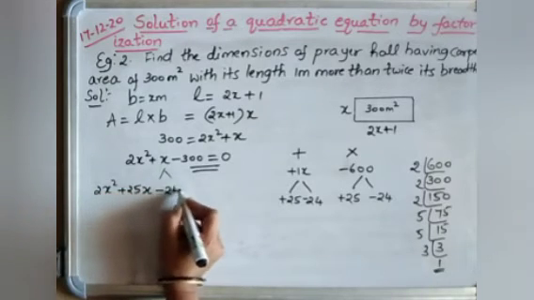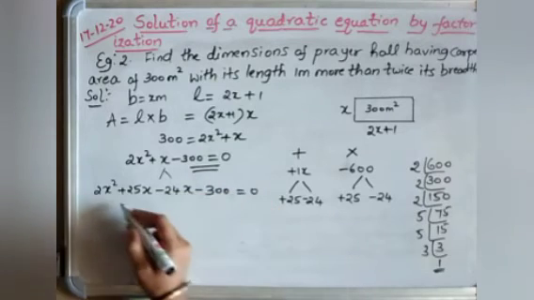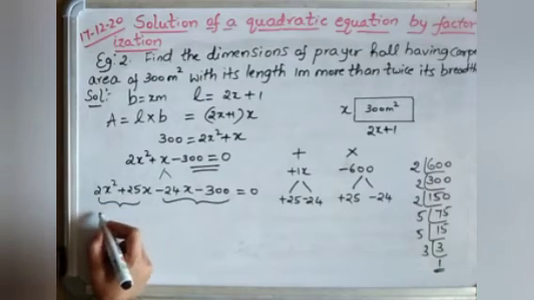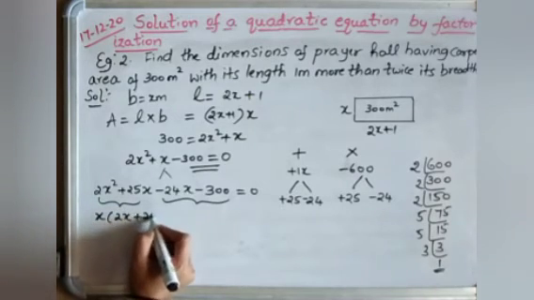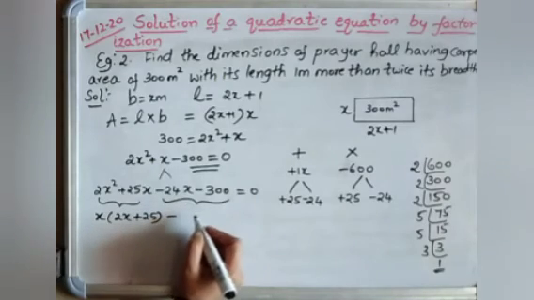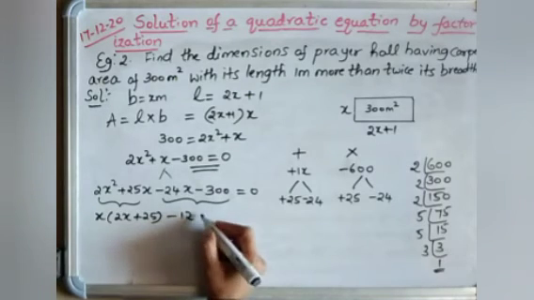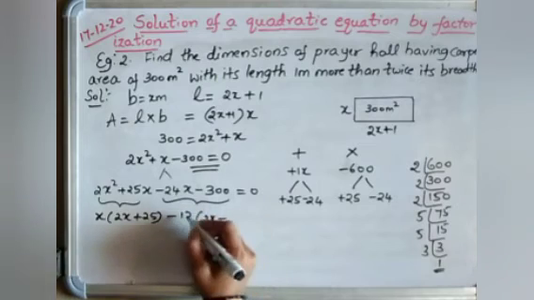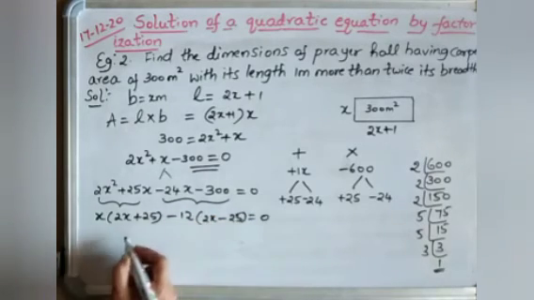Let's write now 2x square plus 25x minus 24x minus 300 is equal to 0. Let's group this. Take the common factor, that is x, 2x plus 25 minus 12, that is 2x plus 25 into 12, that is 300, is equal to 0.